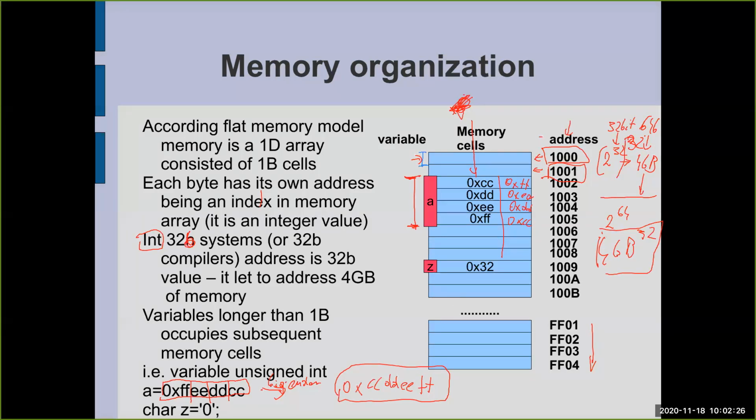Looking at the char value, you can see that it occupies only a single byte, so there is no difference between little and big endian architecture. The same if we have a character array. In every cell we have a single character value.